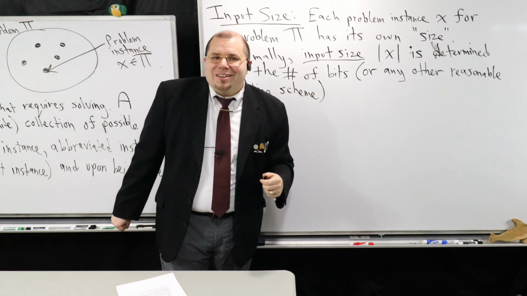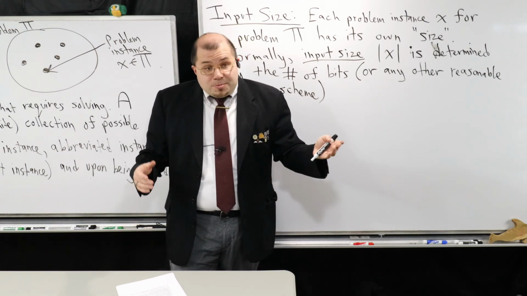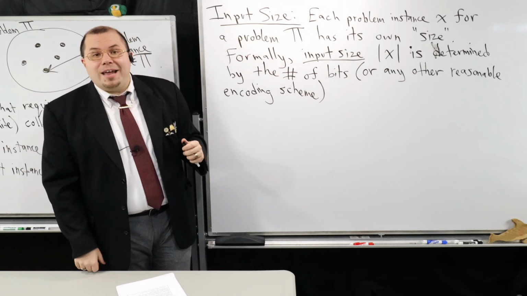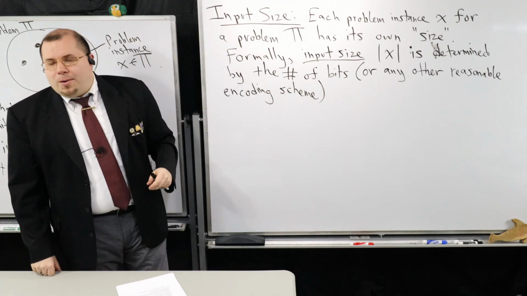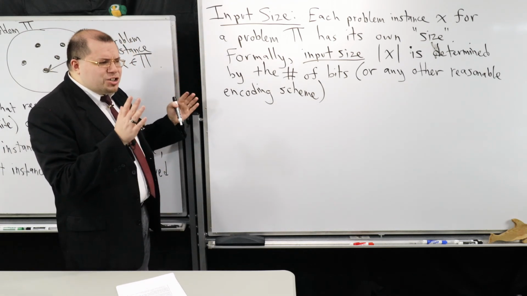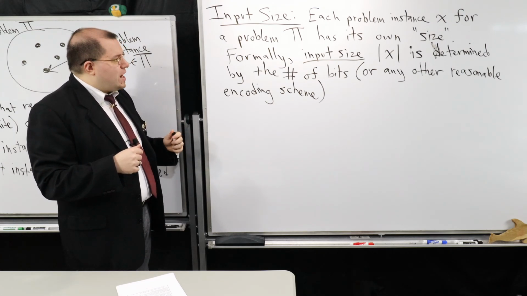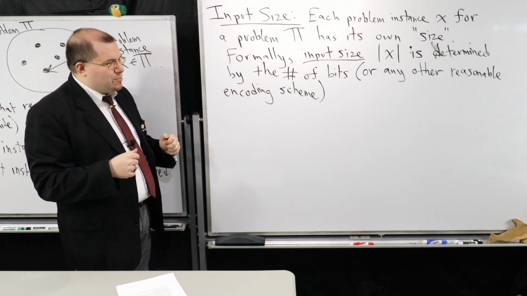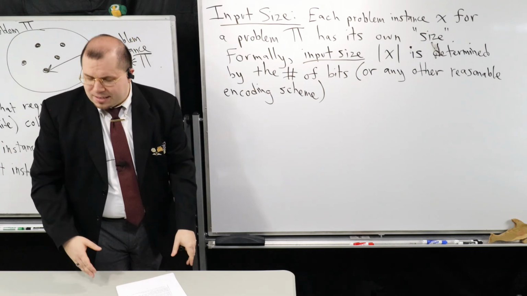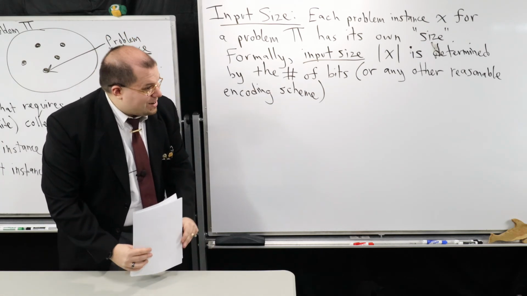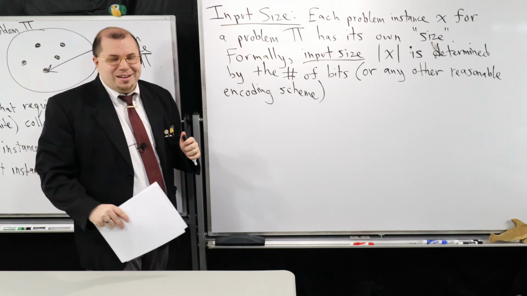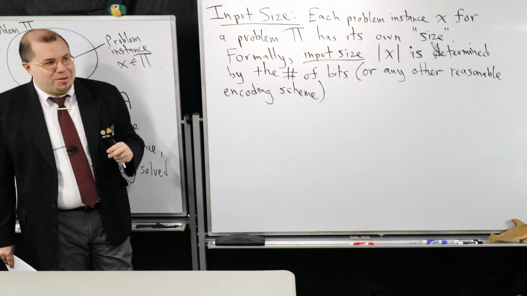In binary, there's a nice exponentially smaller representation of that with a logarithmic number of bits. Unary has a very interesting relationship with some types of optimization problems that we're going to see towards the end of this course. But yeah, that's the outlier. Basically, most things are going to be reasonable encoding schemes except for unary. Unary is the weird one.